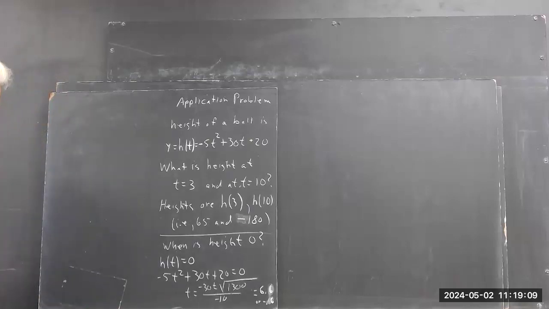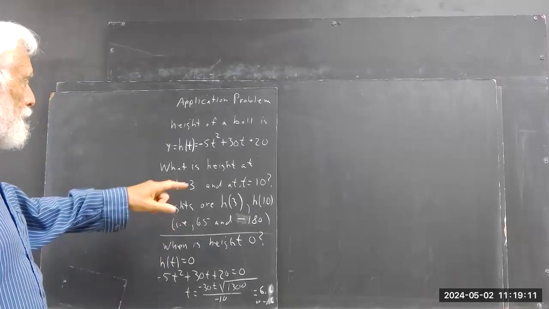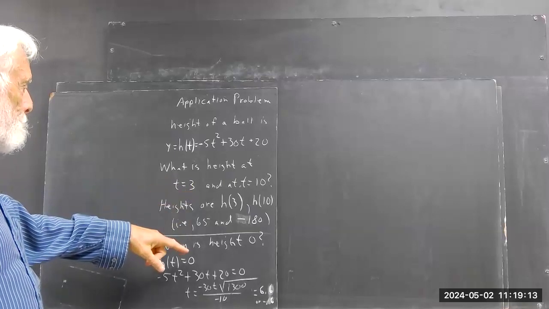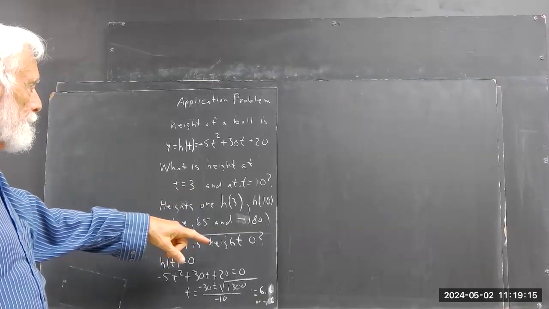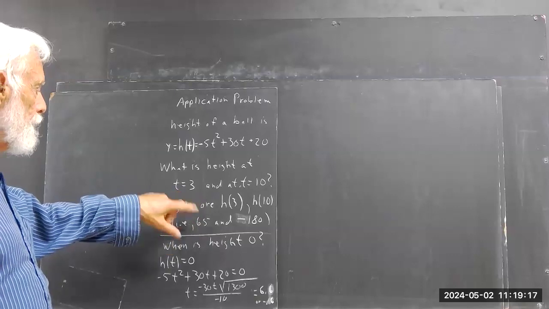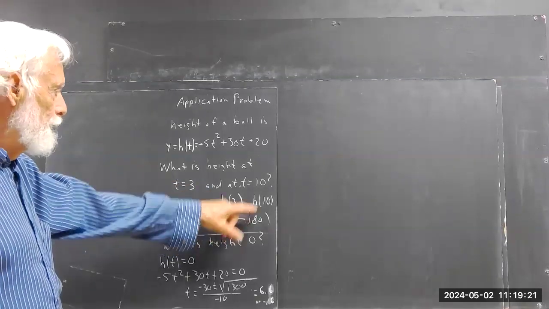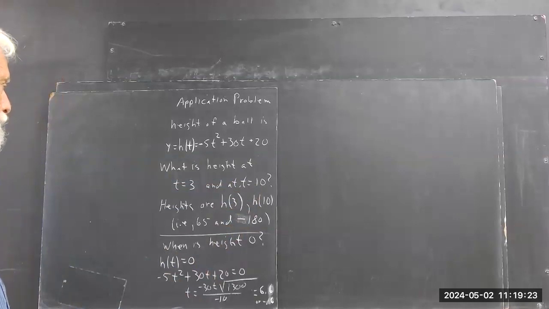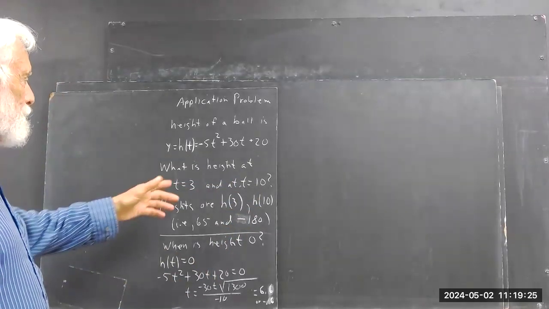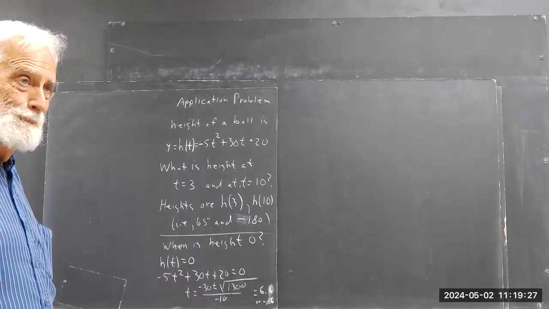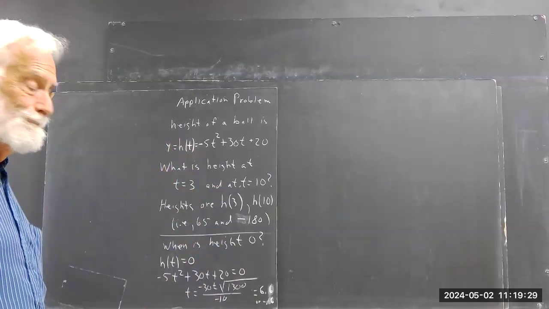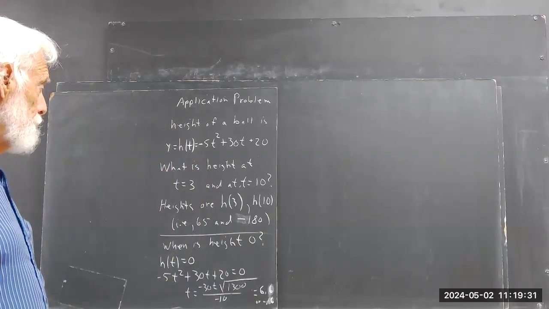Does that make sense? If the height is 65 when t equals 3, and then gets to negative 180 by the time t equals 10, does it sort of make sense that somewhere between 3 and 10 it's going to be zero?